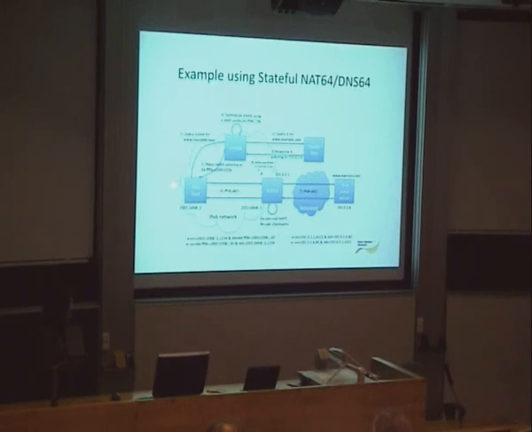The host makes a connection towards this address, which always gets routed to the NAT box. This one does what NAT does, but also translates from IPv6 to IPv4 and so on. So this is a basic way of doing it. In this way you can have an IPv6 only network almost transparently going to the IPv4 network.